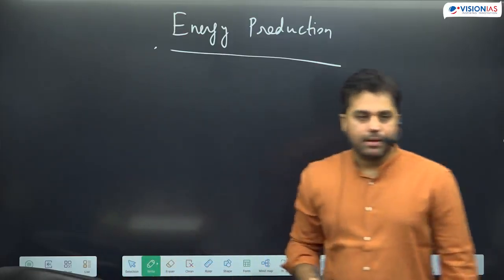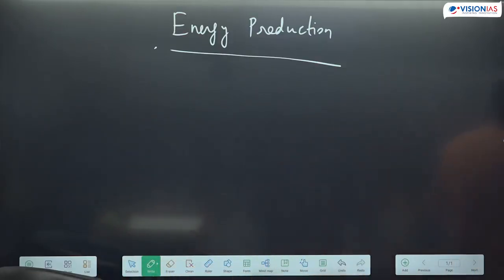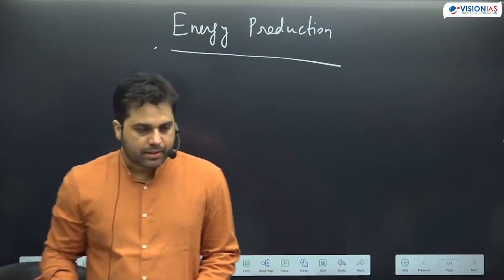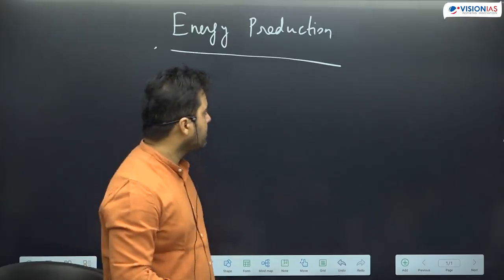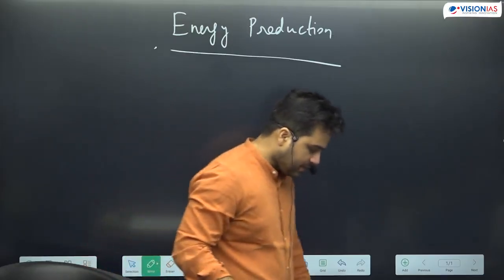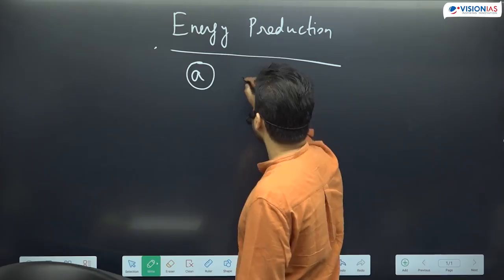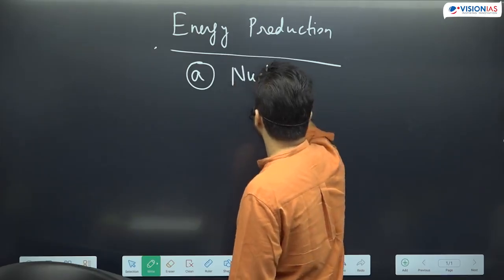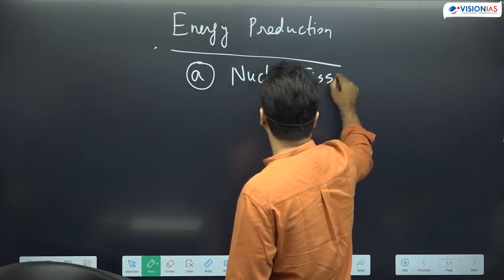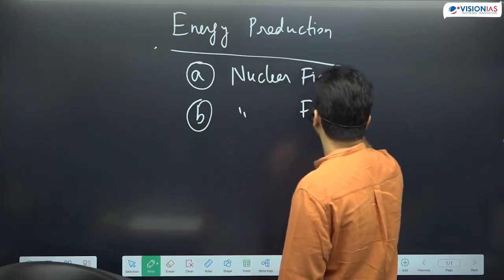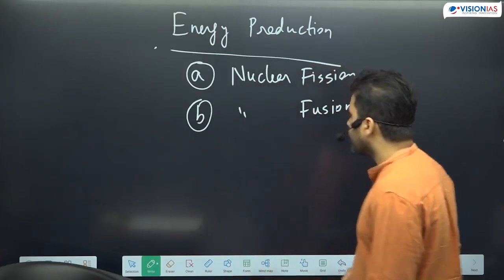Write down a line here. There are mainly two ways to produce nuclear energy: nuclear fission and nuclear fusion.